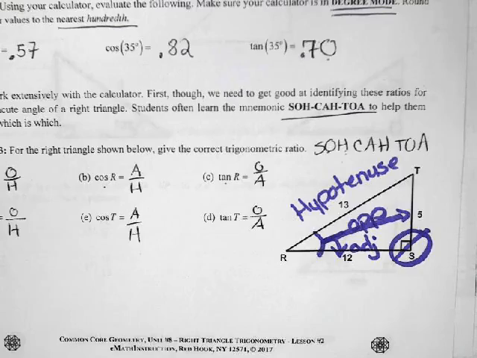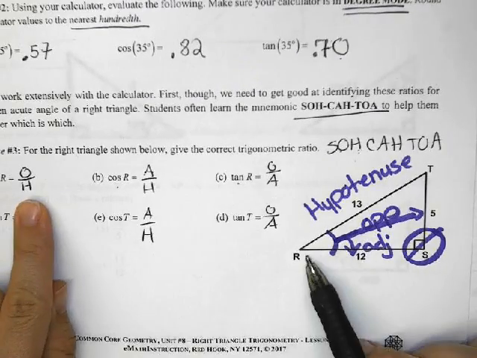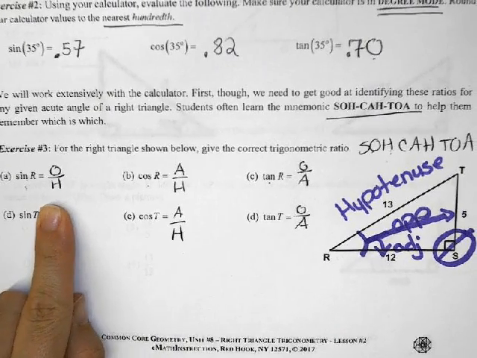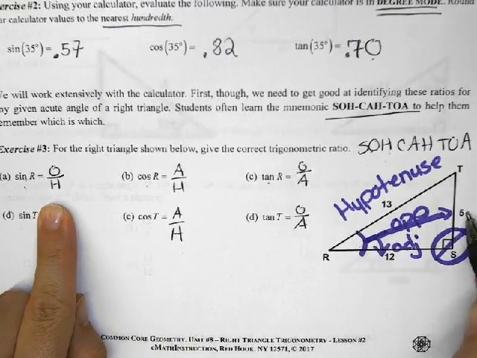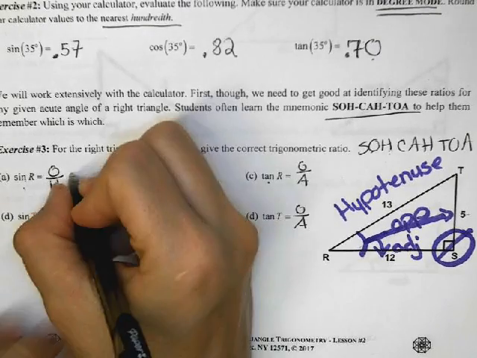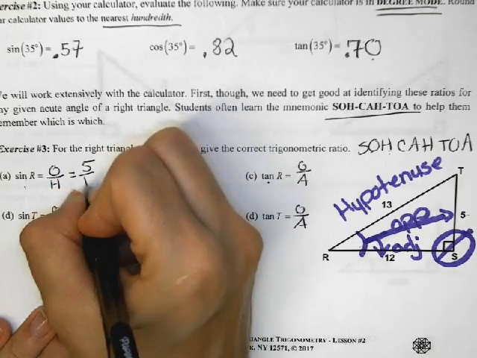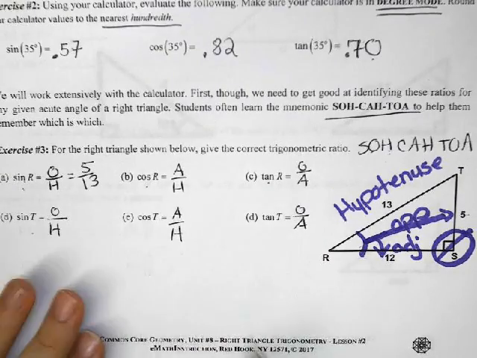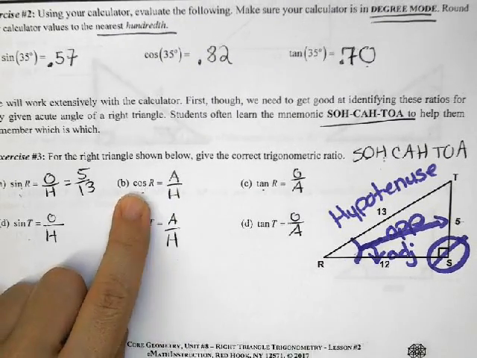Okay, so now that makes it a little bit easier to set all these up. What over what for sine of R? 5 over 13. Cosine is what?